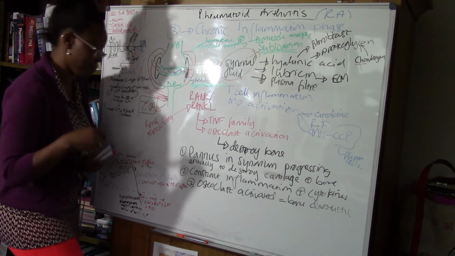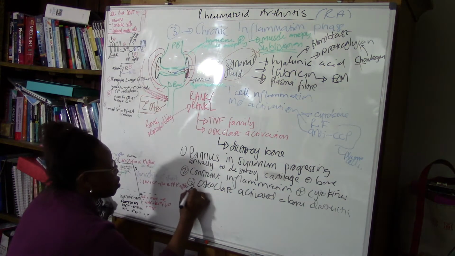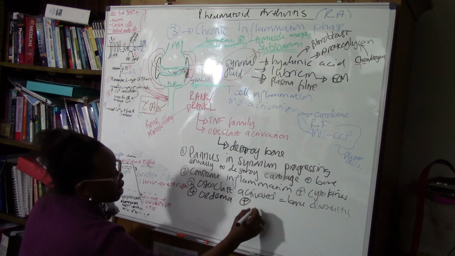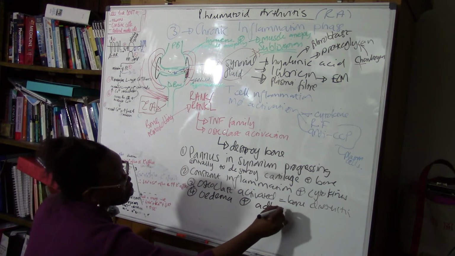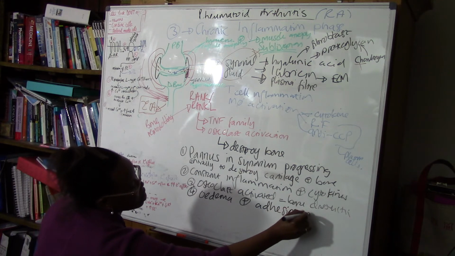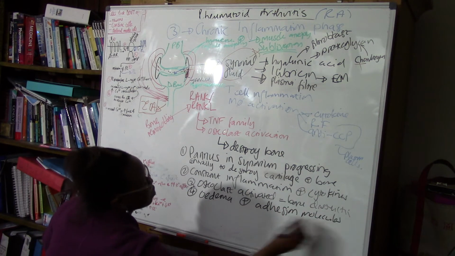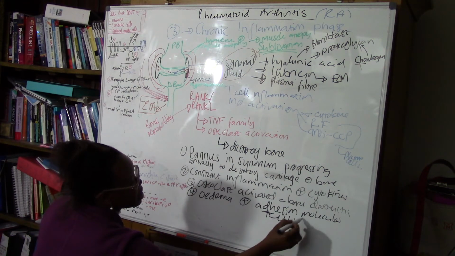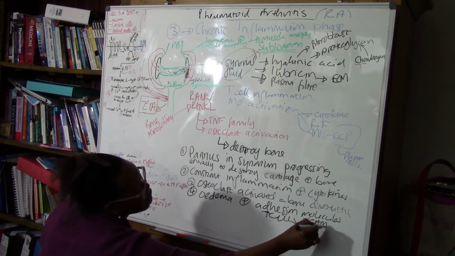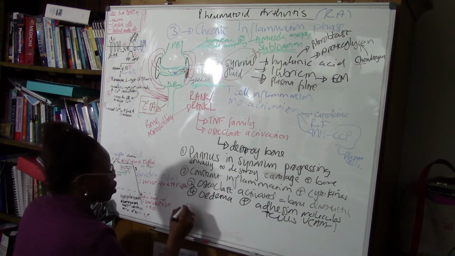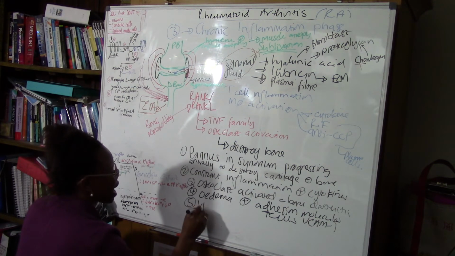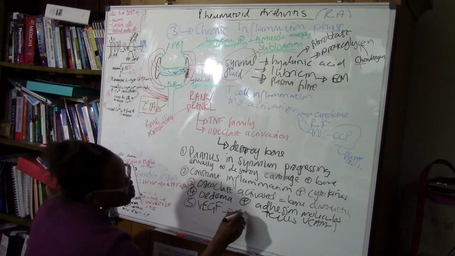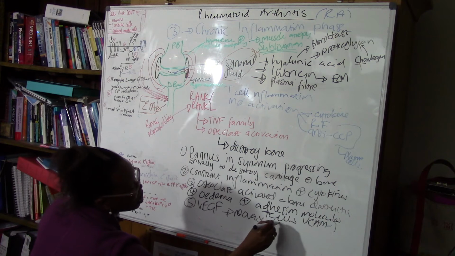So we'll have edema due to inflammation, and a lot of adhesion molecules being expressed for T cells and other inflammatory circuits such as VCAM1. We'll also have VEGF and other growth factors leading to neovascularization.